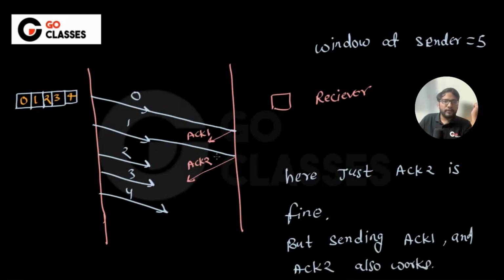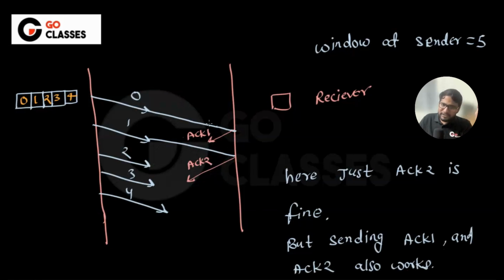If you send multiple ACKs, I mean ACK1 and ACK2, will this work or not? Yes, this will also work. If ACK1 gets to the sender, the sender will understand that packet number 0 has arrived. From ACK2, it will understand that packets number 0 and 1 have arrived.